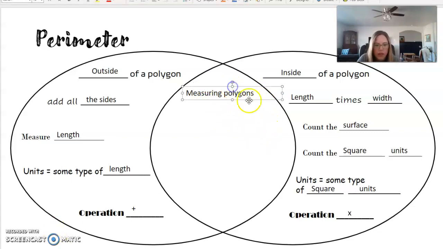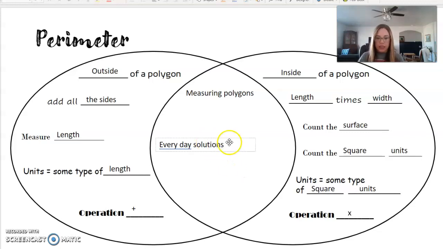Well, one thing I love about perimeter and area is it has everyday solutions, which means we use this in our everyday lives. Lots of jobs use this. Construction, building anything is going to use area and perimeter.